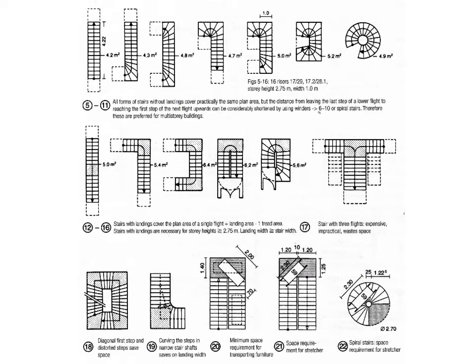The geometry of staircases isn't infinite. There's only a finite number of options. And in this diagram, you can see, starting at the top left with the straight flight staircase, the introduction of winders.